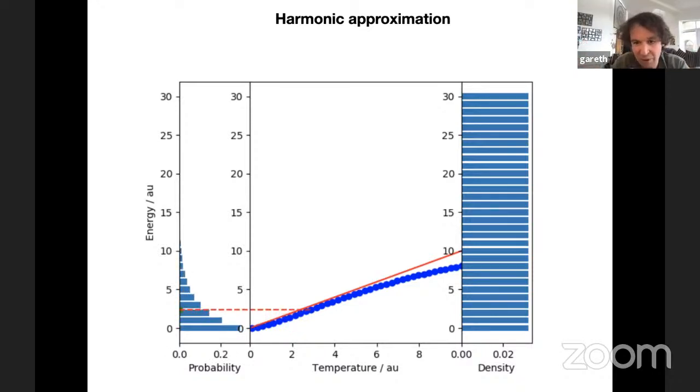So here, assuming a harmonic approximation, this is what would happen to the density of states as you increase temperature in that case.